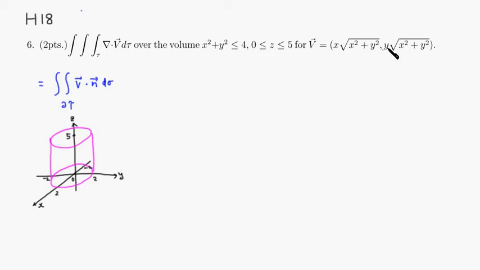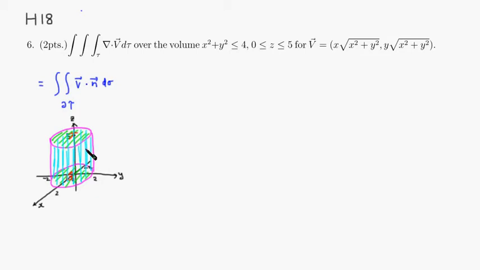All right, then we're going to split it into the top part, which I'm going to call T, and the bottom side, which I'm going to call B. Then you have this lateral side, all around and the back side too.